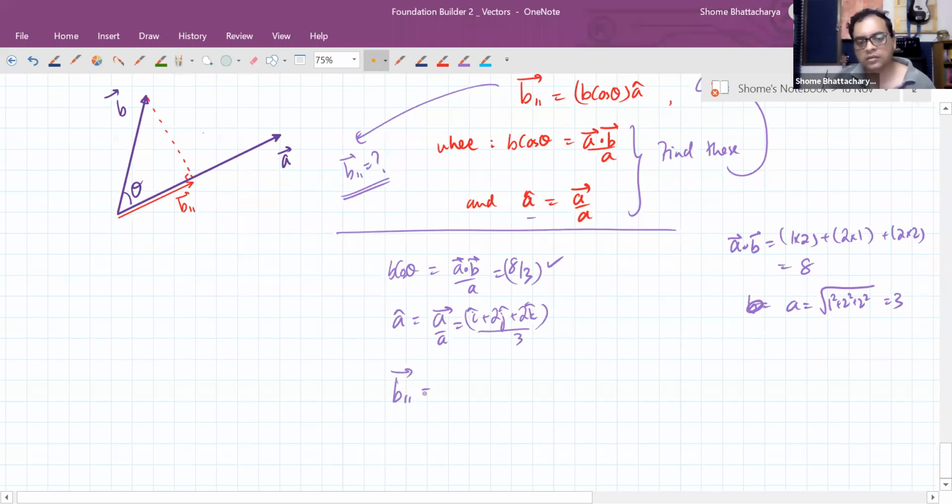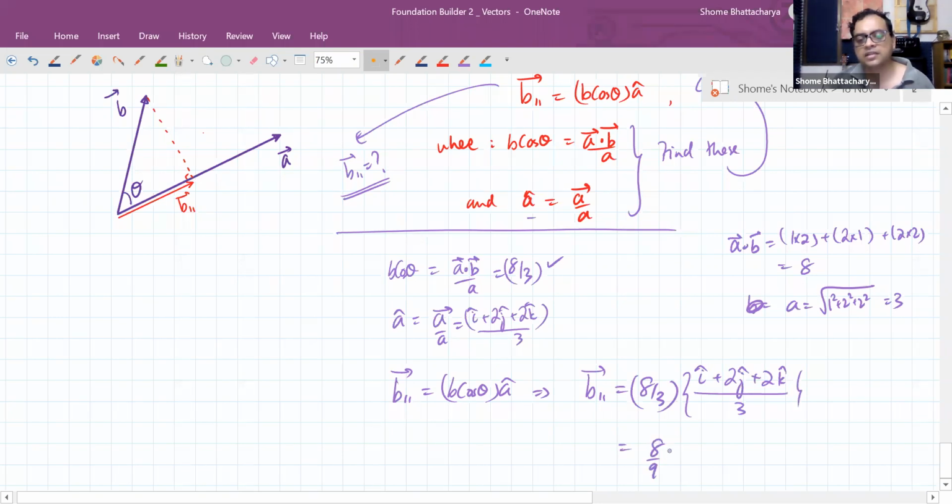So now once we got these two, you can see that the component of B along A is nothing but the product of these two things, B cos theta into A cap. So B cos theta was 8 by 3 and A cap is i cap plus 2j cap plus 2k cap divided by 3. So this will become 8 by 9 i cap plus 16 by 9 j cap plus 16 by 9 k cap.